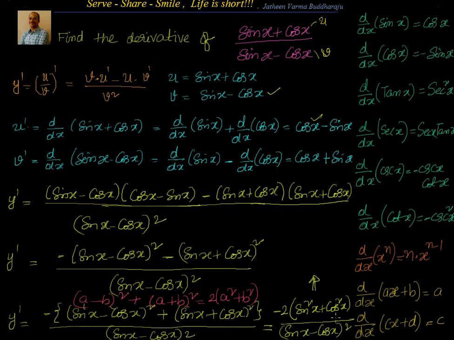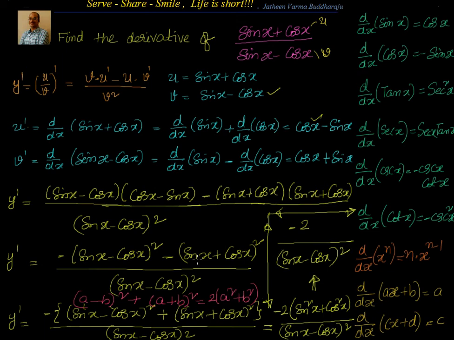We know sin square x plus cos square x equal to 1, so I can write it as minus 2 divided by sin x minus cos x whole square.